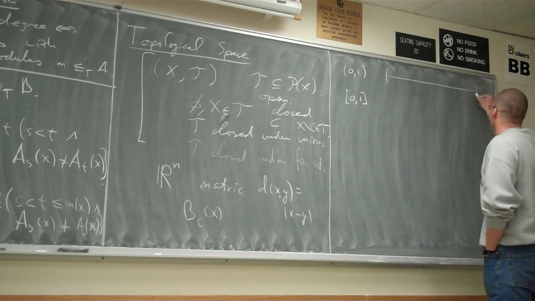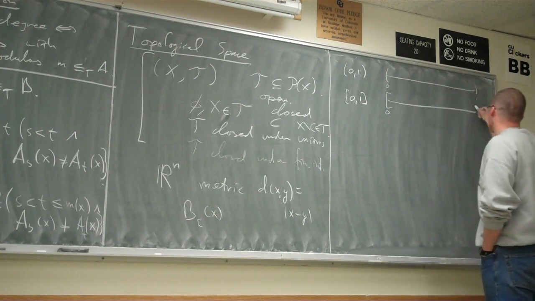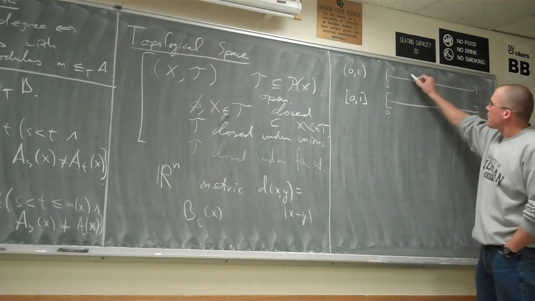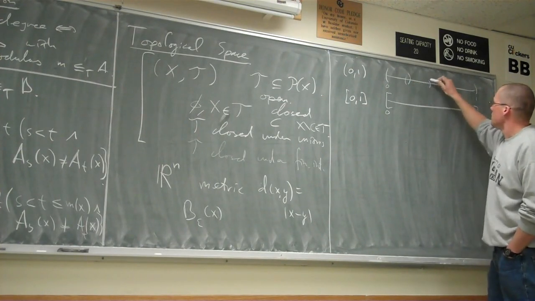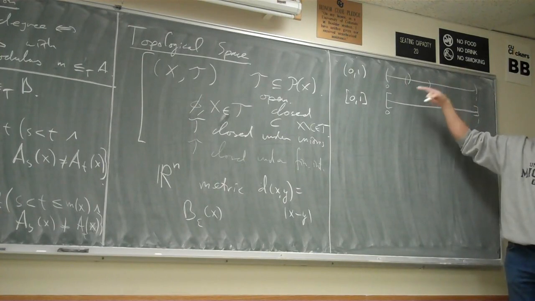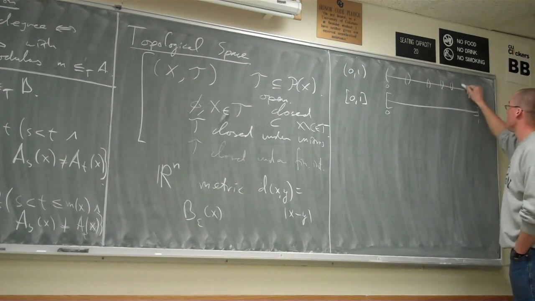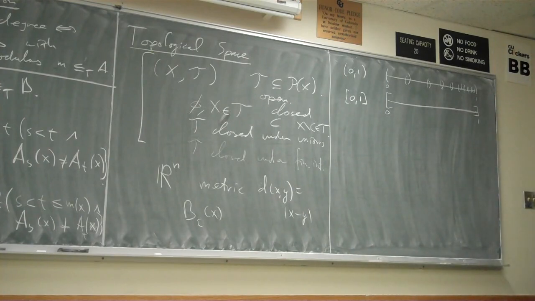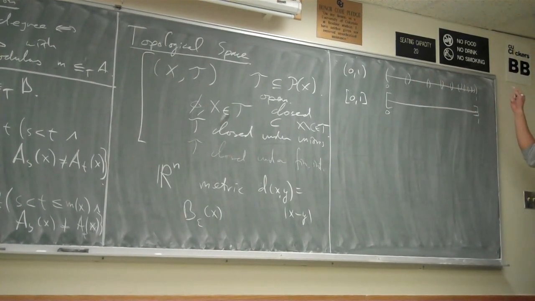If I draw the picture, 0 to 1 and here 0 to 1 included, then in this top one I can define the sequence of open intervals. But you need to see me draw it, otherwise you don't know which parentheses go with which one. I define this collection of open sets, which together cover the whole interval, and not a single one can be missed.